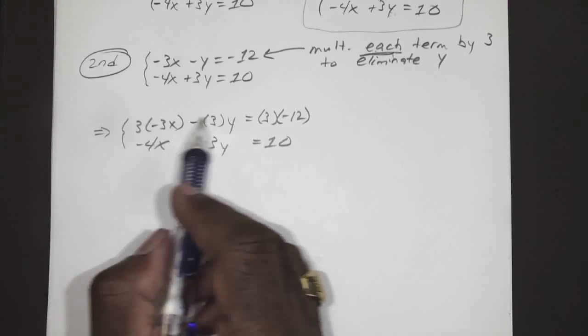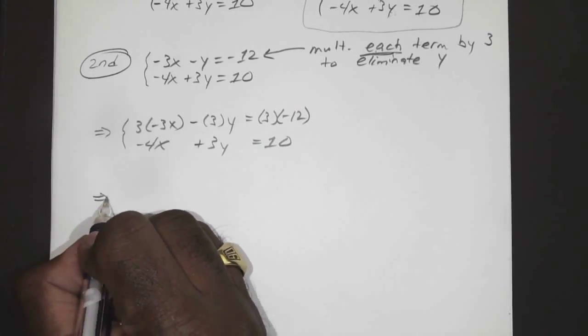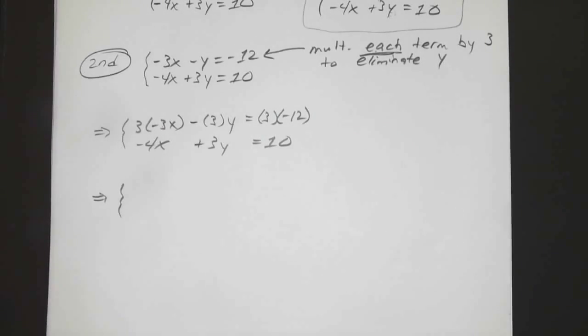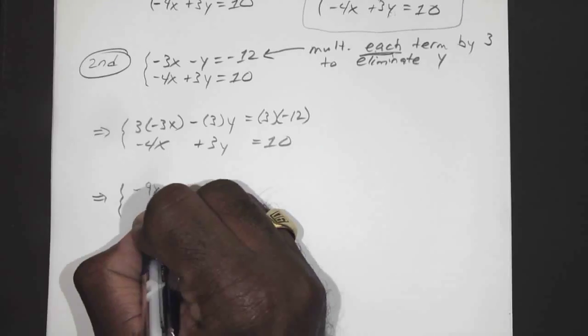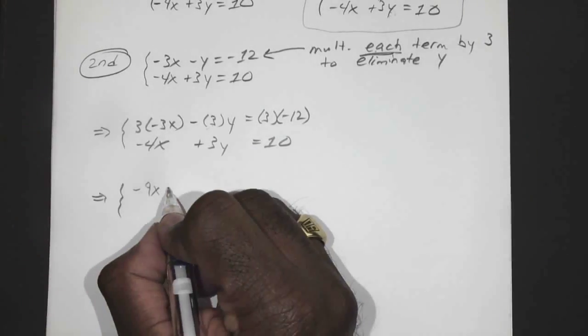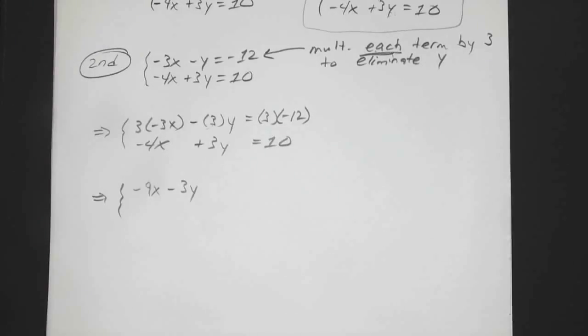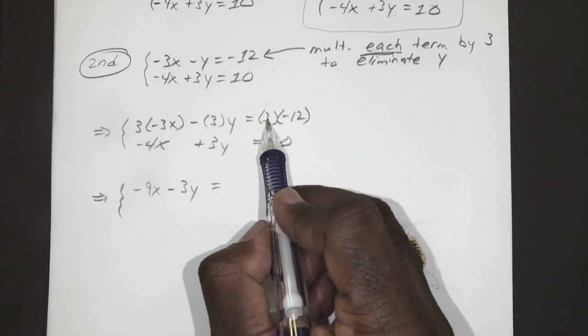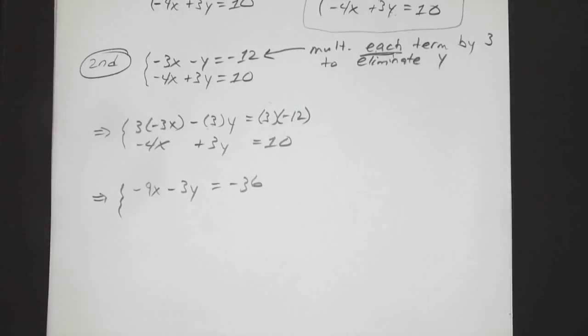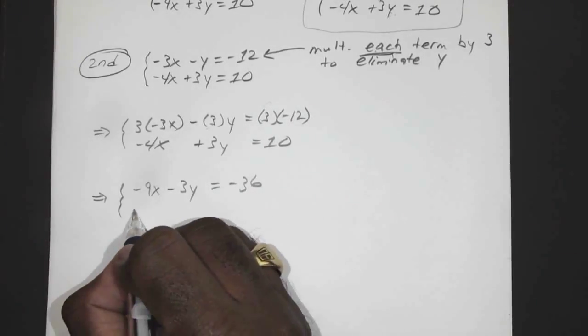Okay, so if we go ahead and simplify those terms, 3 times negative 3 is negative 9. So we have negative 9x minus 3 times y, so that's minus 3y, equals 3 times negative 12, which is negative 36, and the second one just stays the same.